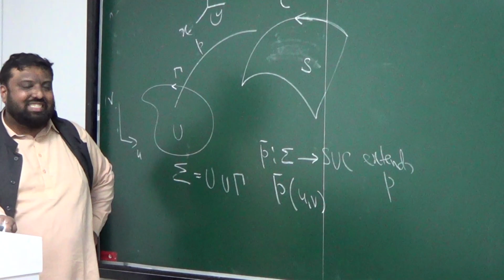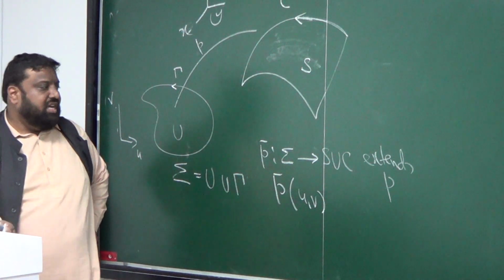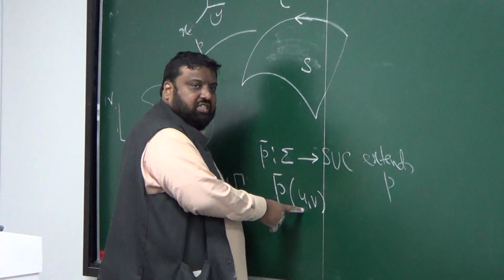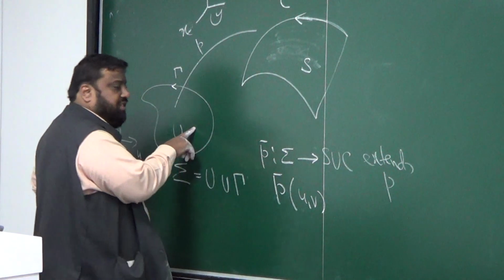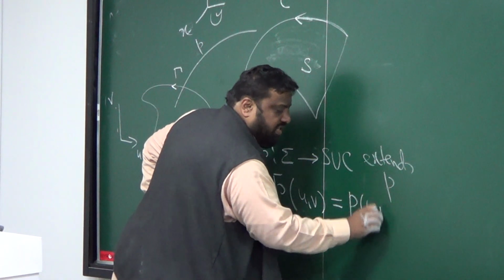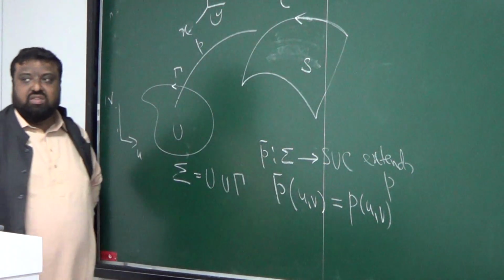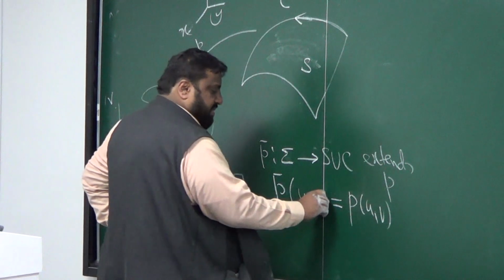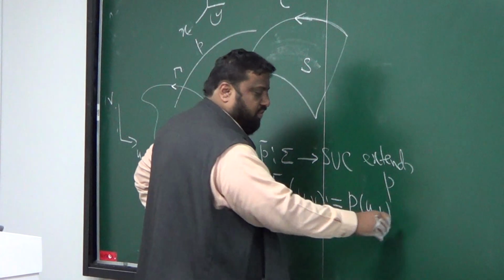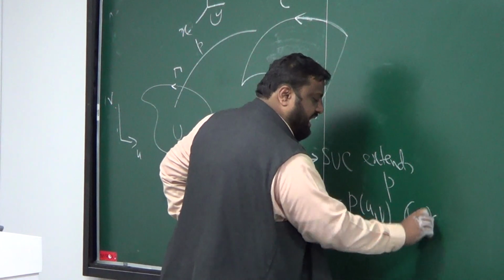Okay, so it extends P. If you operate P bar on a point UV in the domain of P, it will give you the same output. So I'm defining P bar of UV as P of UV for UV inside the region.